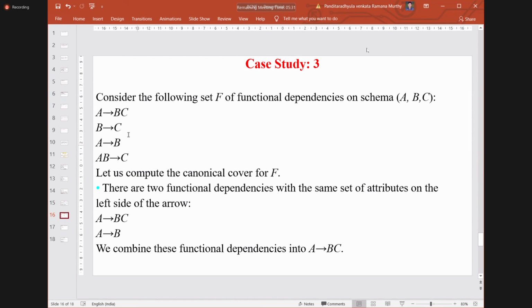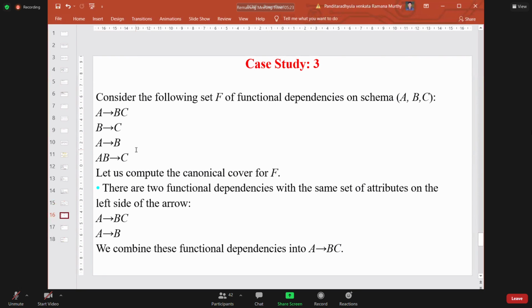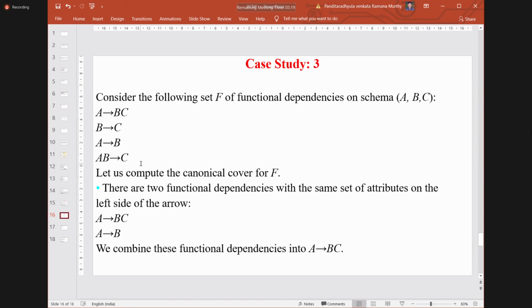For example, I will briefly cover a case study. We have a set of functional dependencies: A derives BC, B derives C, A derives B, AB derives C. These are the functional dependencies given. But here there are two functional dependencies with the same attributes on the left hand side: A derives BC and A derives B. Why unnecessarily keep both?